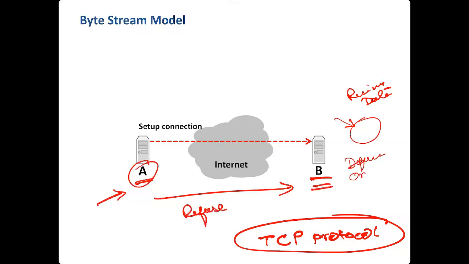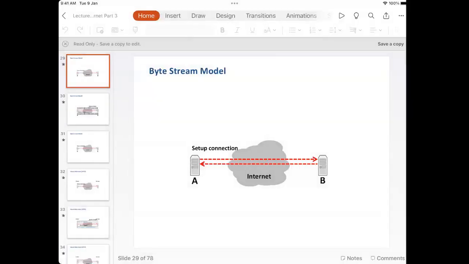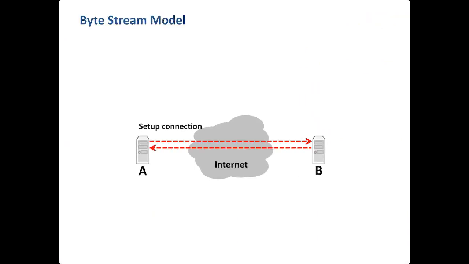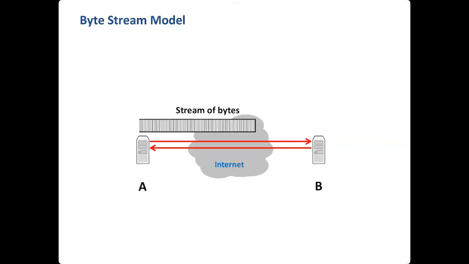Now we have this byte stream model, which we'll discuss. The first thing is connection setup. It means that there's an understanding that B is ready to receive data from A, and A is ready to receive data from B. Then a stream of bytes will be sent.